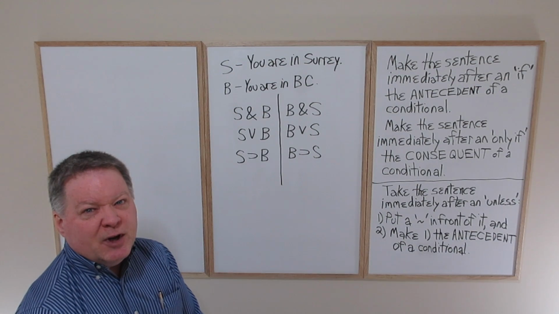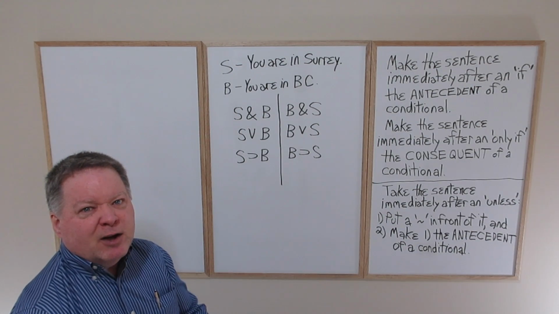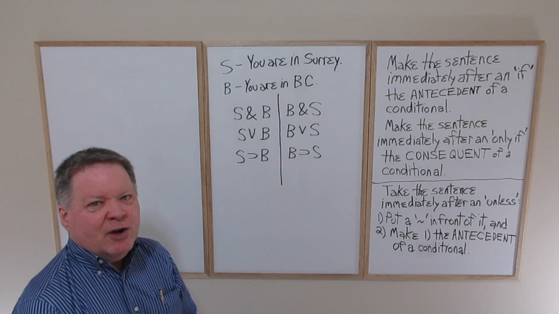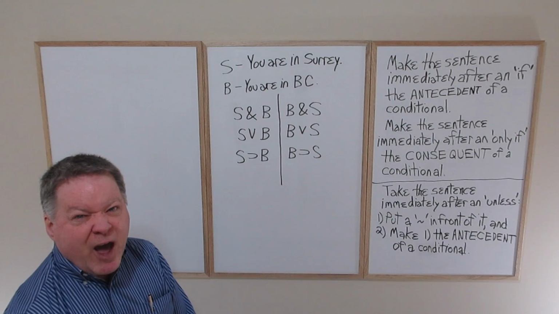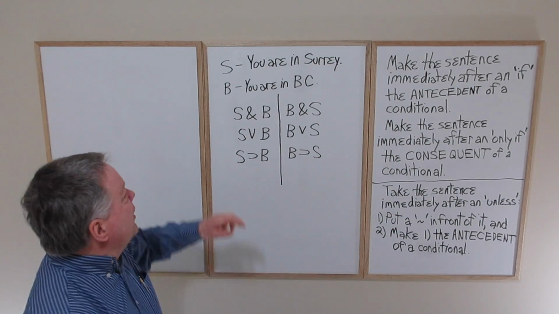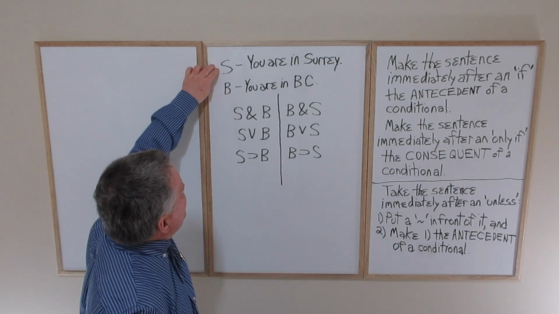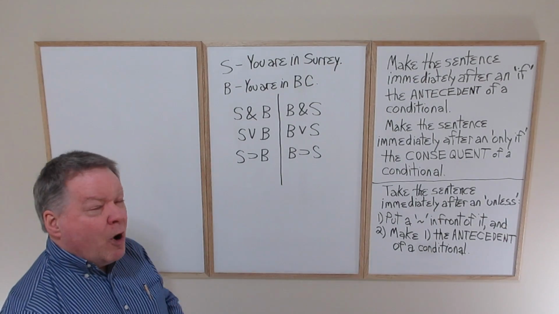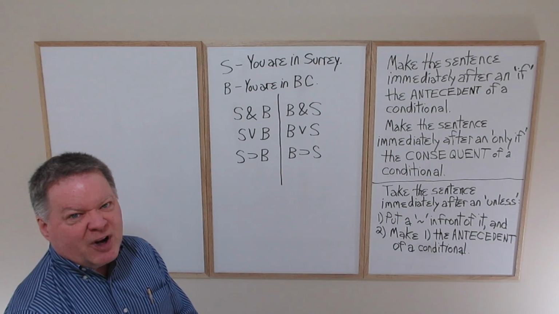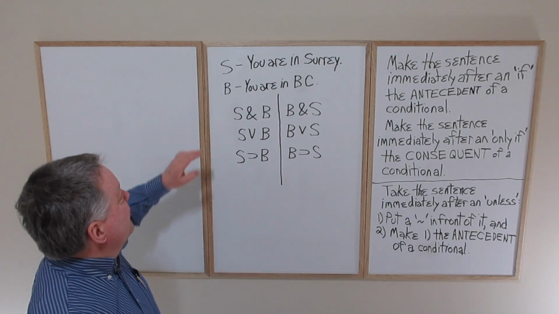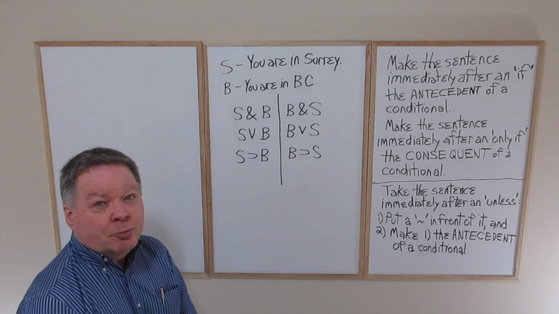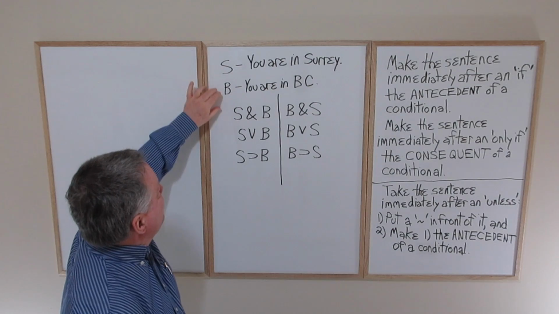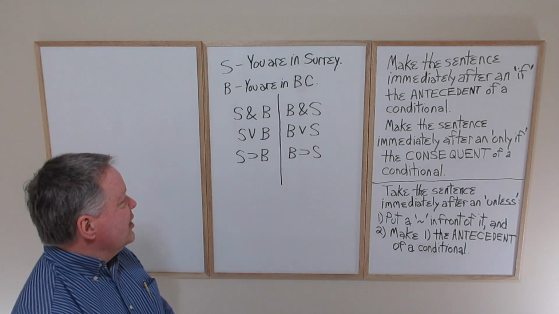You are in the Surrey in the lower mainland, one of the outer municipalities of the greater Vancouver region. That's Surrey. So if capital S is used to indicate you are in that Surrey, and we wanted to indicate you are in Surrey, England, that would be a different proposition, and so it would require a different letter. So we have you are in Surrey, you are in British Columbia.